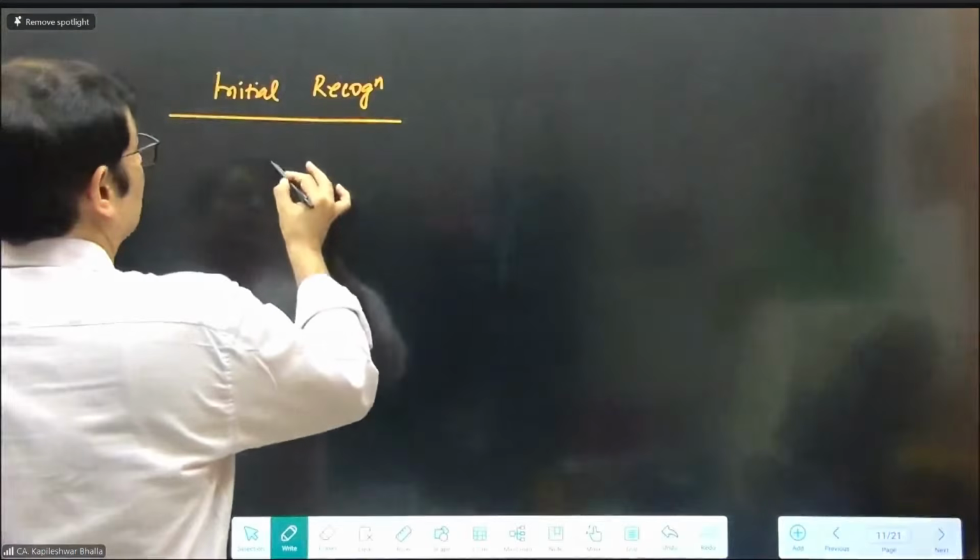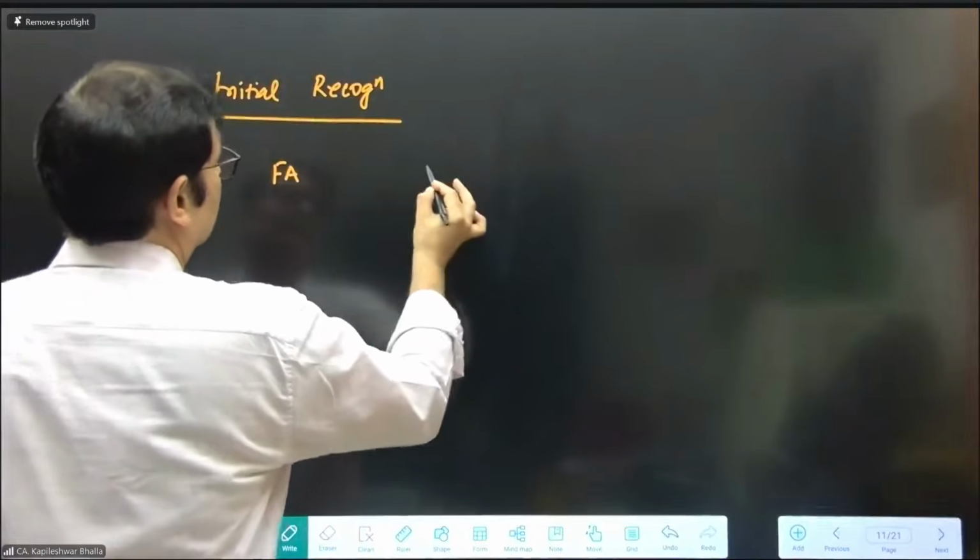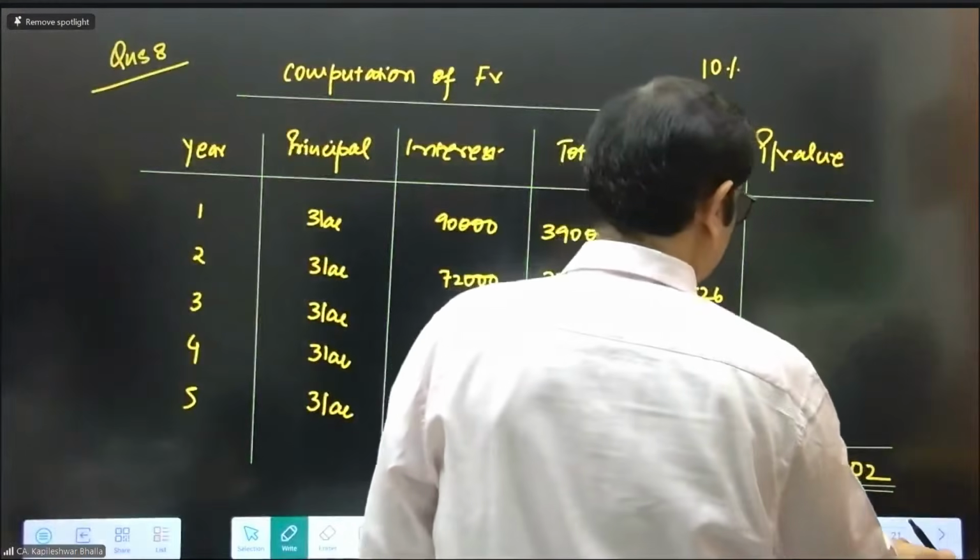If you look at the initial recognition, we would first of all record a financial asset in the books as an employer, at fair value. This is 13,54,602.